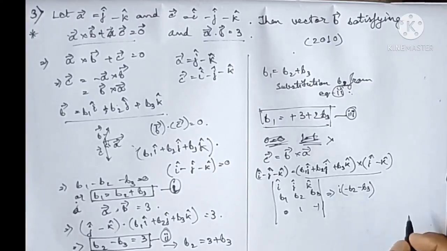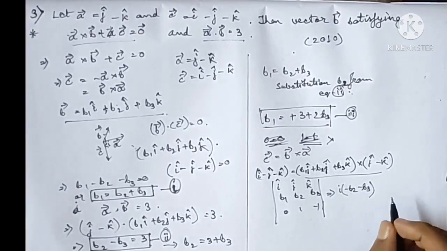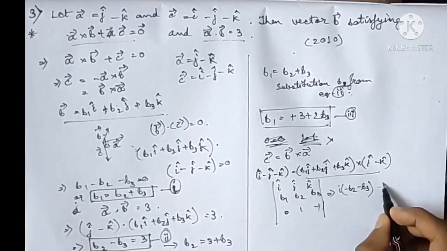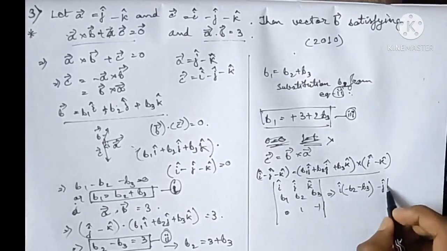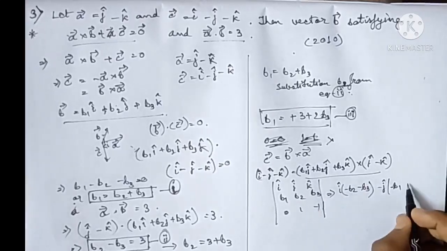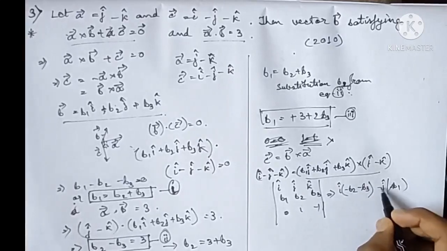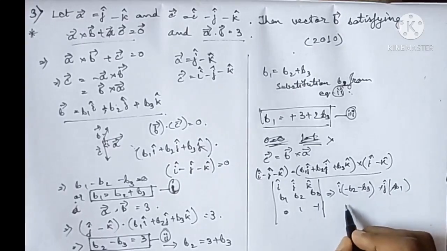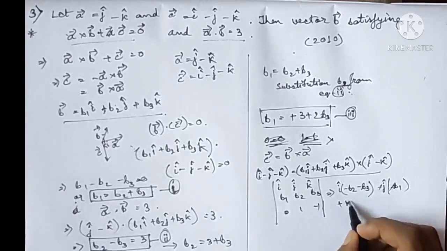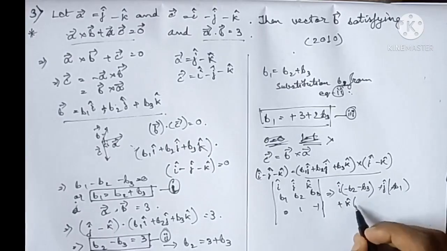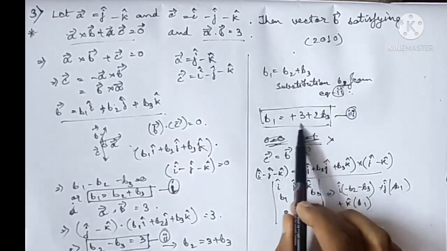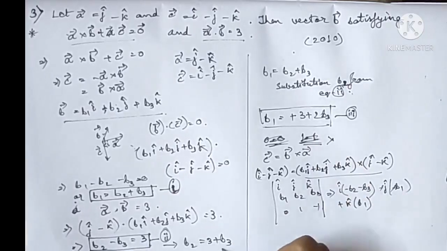Oh, that's quite interesting, right? So the minus j cap is coming now, minus b1, and then it's 0, so we can just cut this out, and then we have plus k cap with b1. Just now we will put these values, this 3 and this 2.